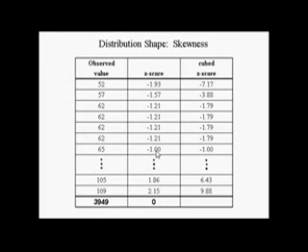Negative 1 times negative 1 times negative 1 is a negative 1. Now we repeat this for the next set of observations, all the way down to the 49th. The 49th z-score is 1.86. Cubing 1.86 gives 6.43. The 50th z-score, 2.15, cubed is 9.88.